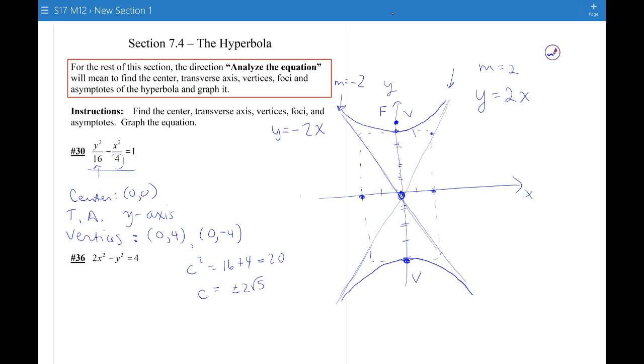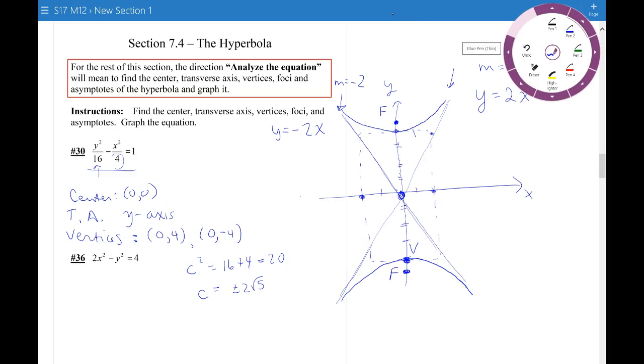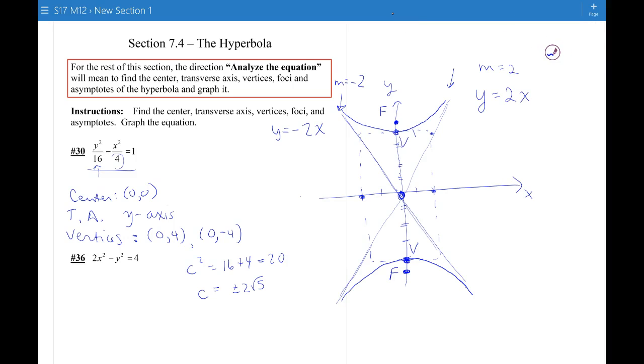So here's a focus. So let me get rid of this V that's in the way. Put it up here. I almost always have to erase my letters and rearrange them. Not a big deal. Just erase, put them where they make sense.